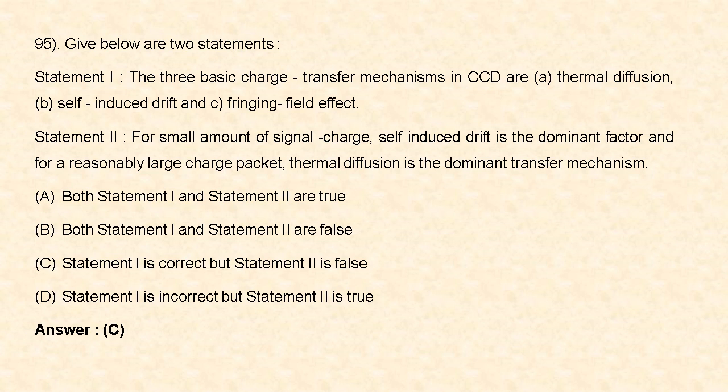This statement is wrong because for transferring small amount of signal charge, we use thermal diffusion, and for large charge packet, we use self-induced drift. Hence, statement 1 is correct, but statement 2 is false. So option C is the correct answer.